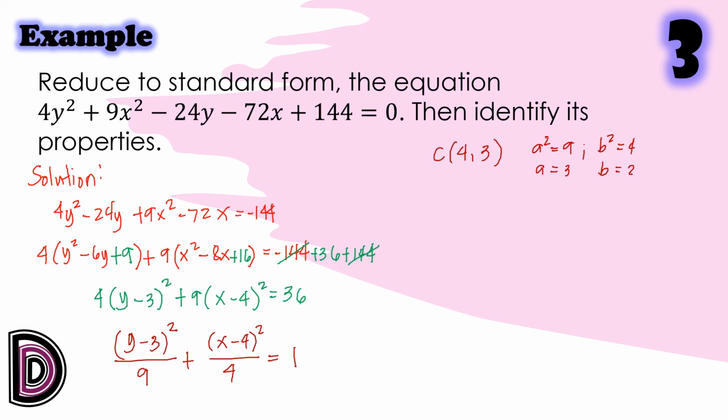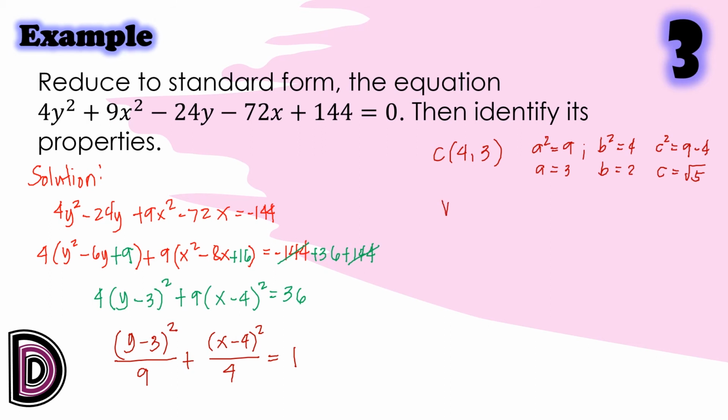From the relation c squared is equal to a squared minus b squared, then we have c squared is equal to 9 minus 4, then c is equal to square root of 5. Now let us have the other properties of the ellipse.